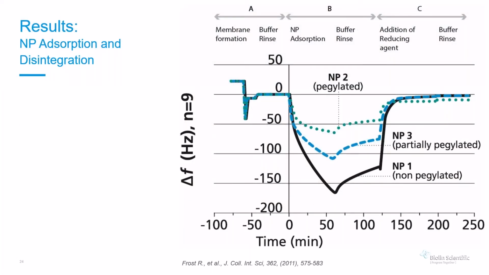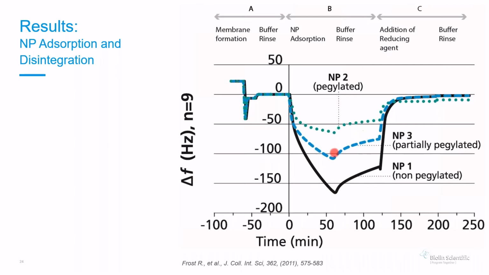So here we have some data. What we can see here, first of all, is the formation of the lipid membrane on the surface, and then we have the 3 different nanoparticles and their adsorption characteristics. We can see that for the non-pegylated, we have more of them attaching to the surface compared to the pegylated, where we have less of those attaching to the surface.